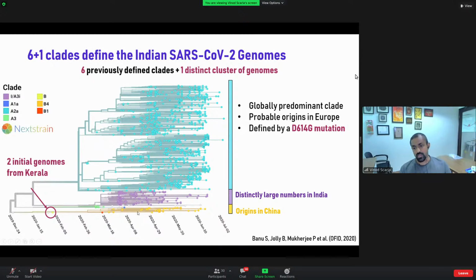I to signify this was a lineage. This is almost exclusively found in India, but of course in small numbers in many other countries. And A3I to also signify that it was an offshoot for the A3 lineage. The A3 lineage was essentially the old Nextstrain lineage classification for sequences out of Iran.